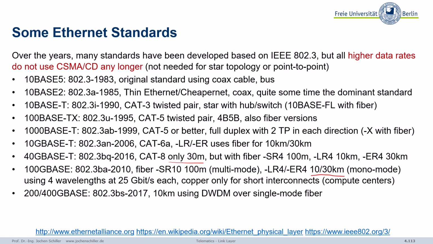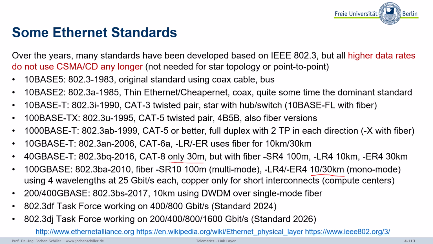And then a bit newer standards going up to 200 and 400 gigabit per second with 10 kilometers using DWDM, so wavelength division multiplexing with single mode fibers. But that's not the end. Currently there are task forces working on 800 gigabit per second, and the standard should come out next year, 2024.